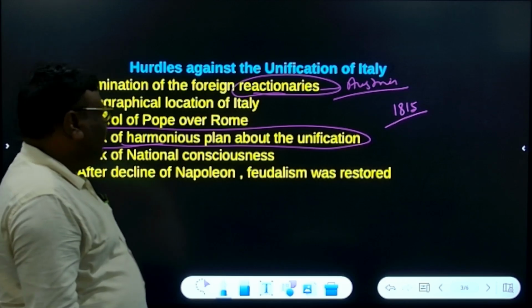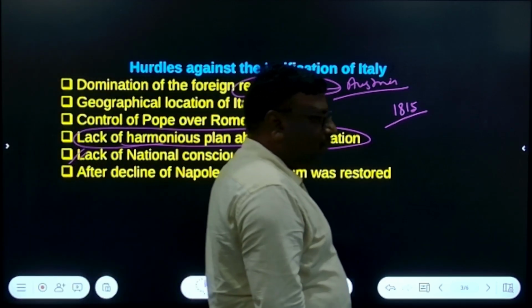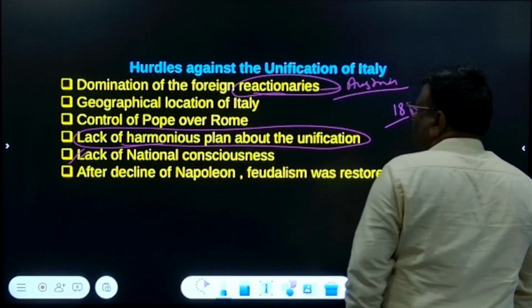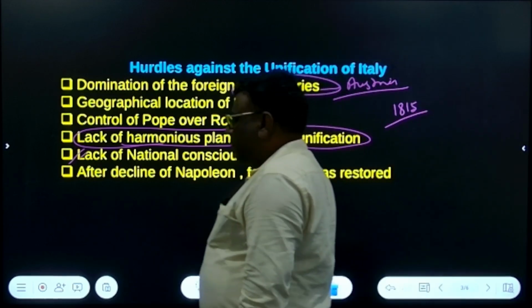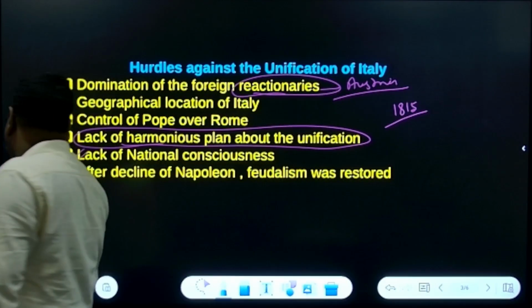However, initially, lack of national consciousness was the big hurdle against the unification of Italy.